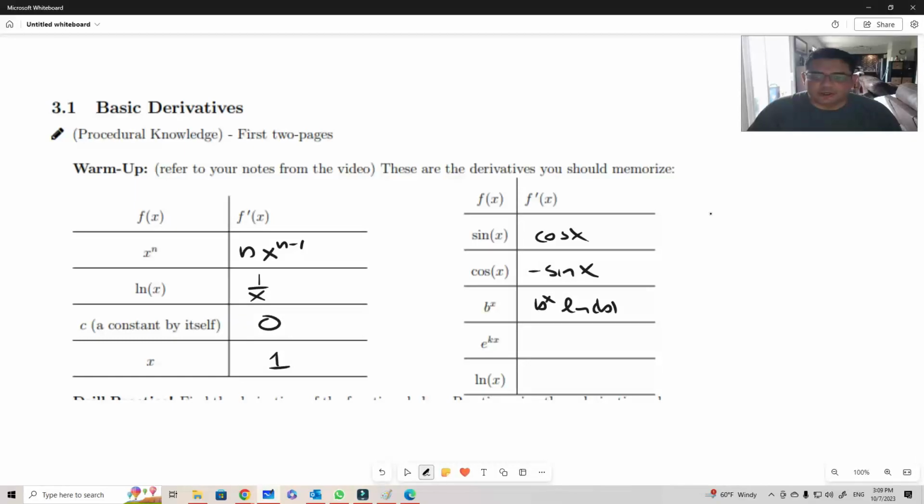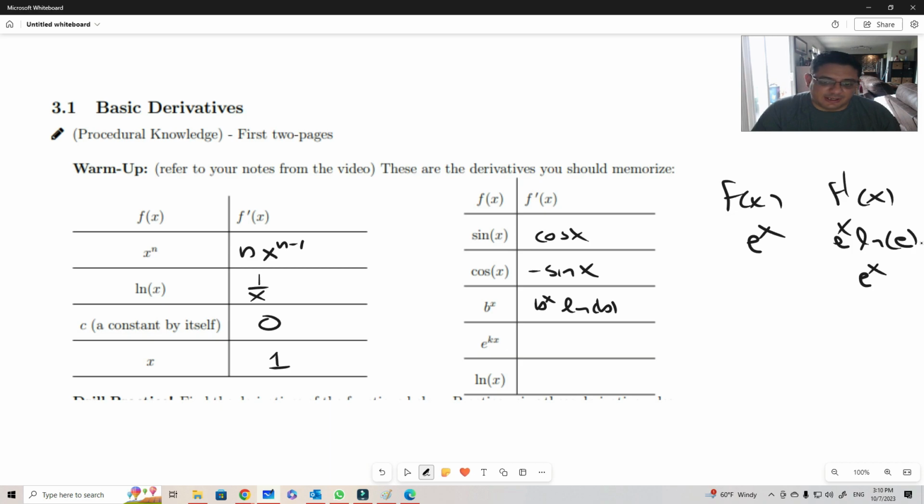If f of x is e to the x, then f prime is e to the x log of e, but log of e is just 1, so this produces the function e to the x.